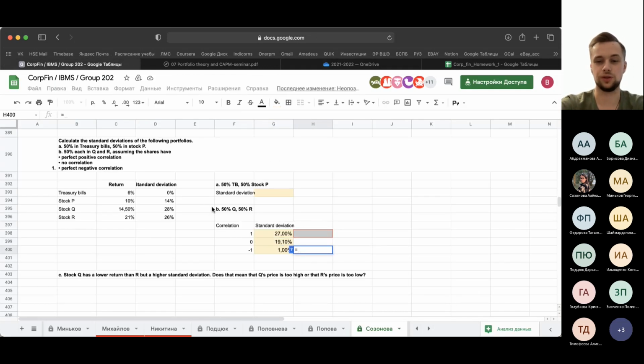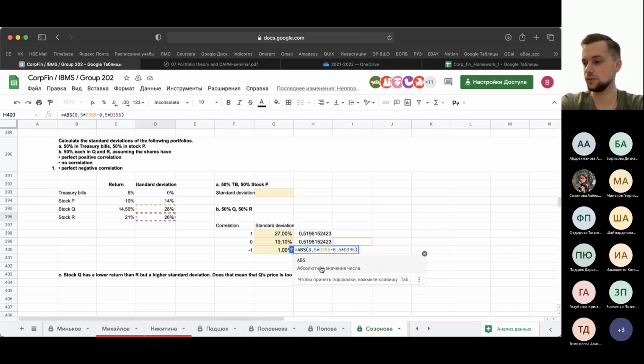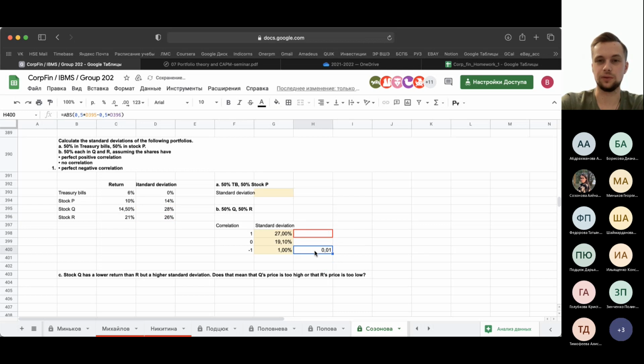We can take the share of the stock Q in the portfolio multiplied by the standard deviation of stock Q, minus the share of stock R in the portfolio multiplied by the standard deviation of stock R. Then we take it in brackets and use the function ABS, which is for absolute value or modulus. And we get the same result.